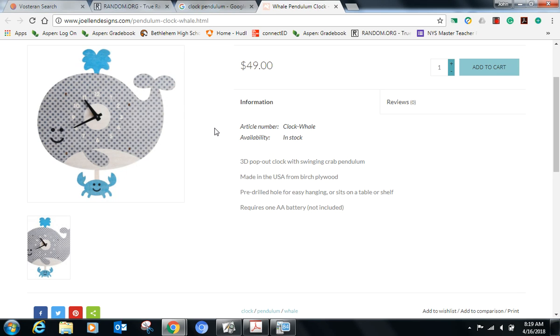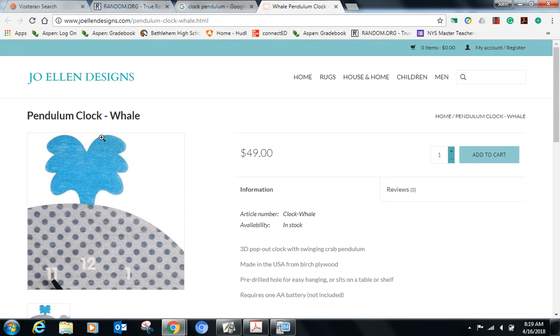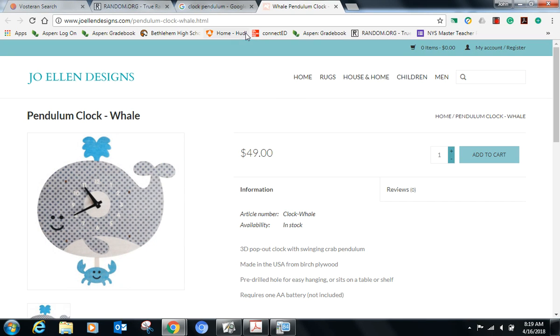Made in the USA from birch plywood. Ooh, battery's not included. That's a deal breaker. Oh, and even a little spout on top. That's cute, right there. Little pendulum crab. All right, you ready to go? I'm good.